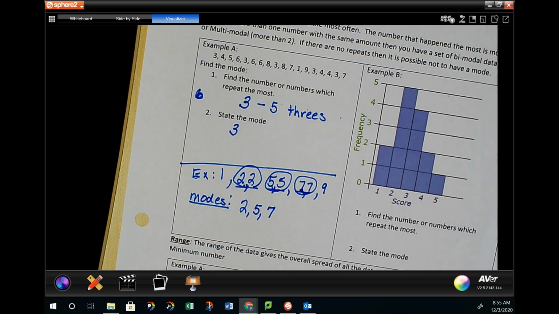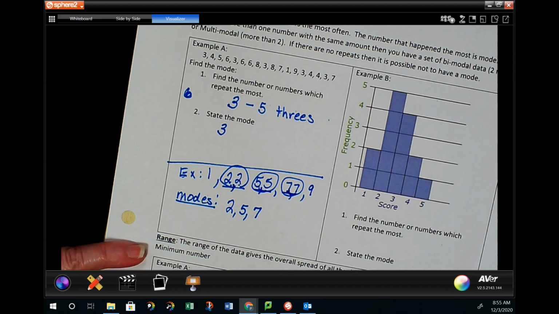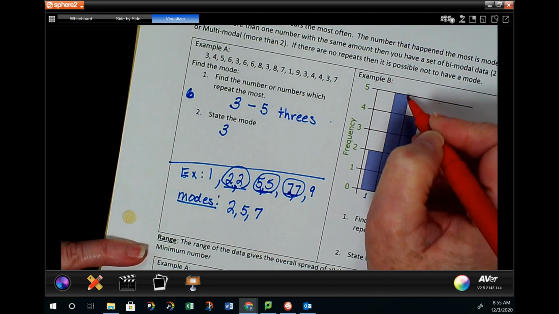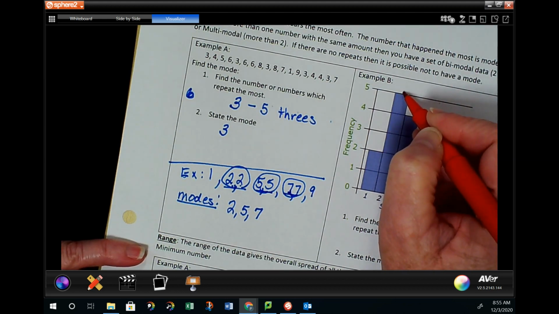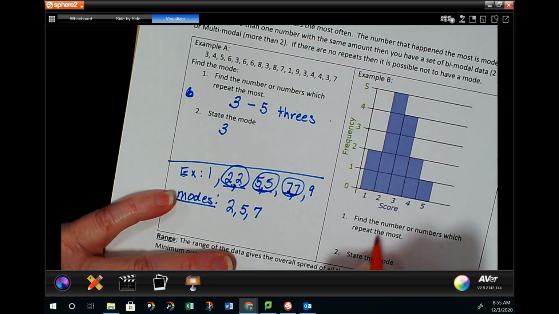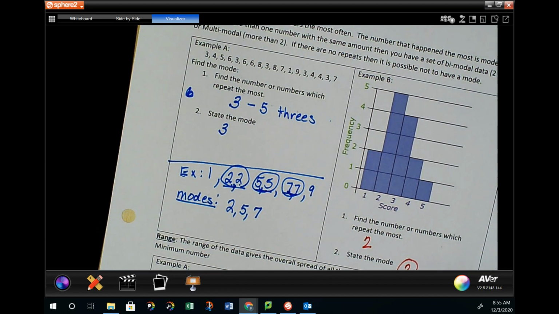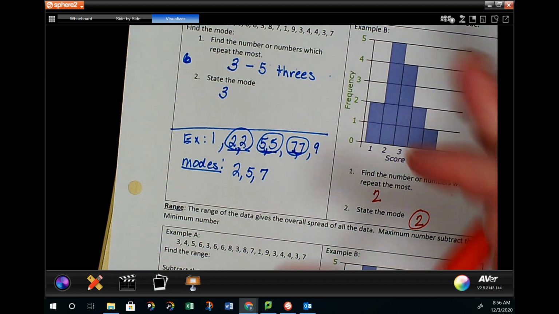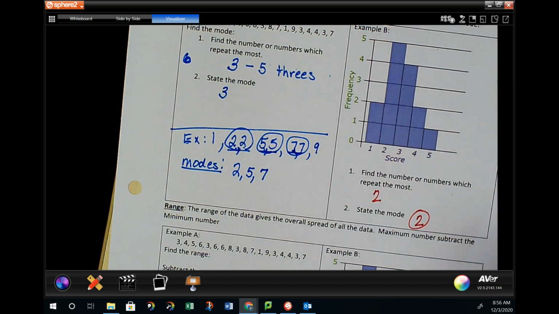All right. This one is my favorite. Example B over here is my absolute favorite, when there's a frequency table, because you can just look and see, hey, which one has the highest peak? Which one occurred the most often? The answer is 2, because it has the highest peak. That one's easy. This is why I like frequency tables, because you can see where most of the data is at.